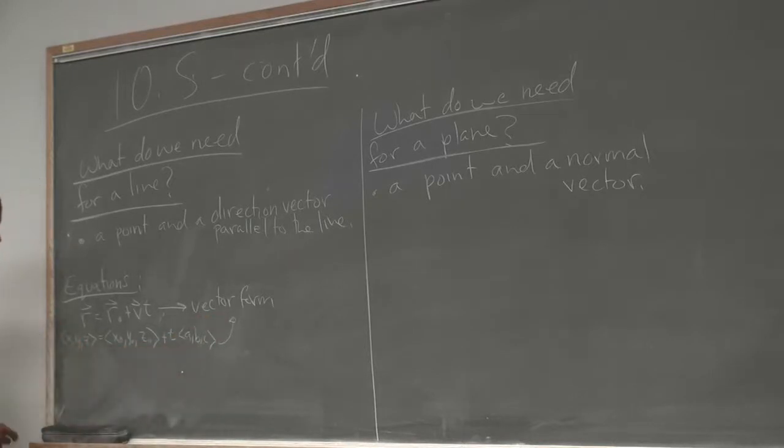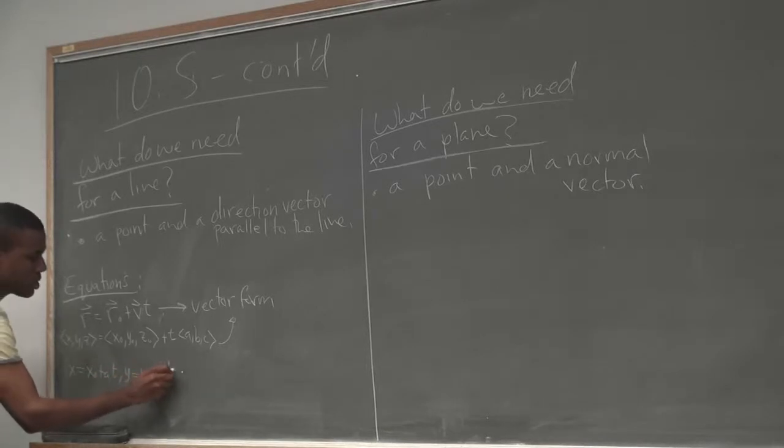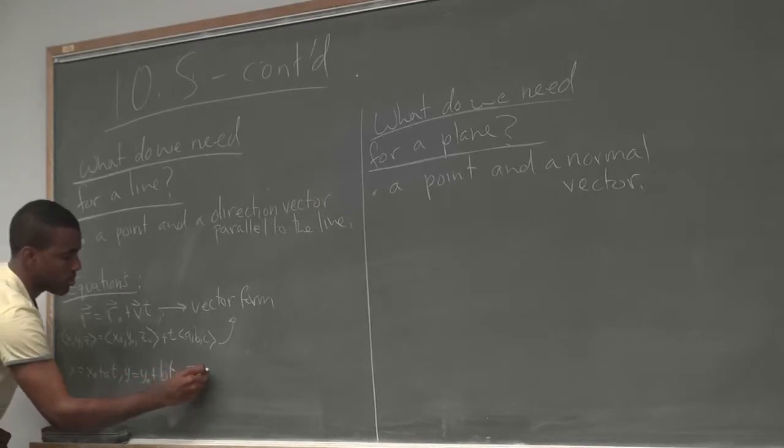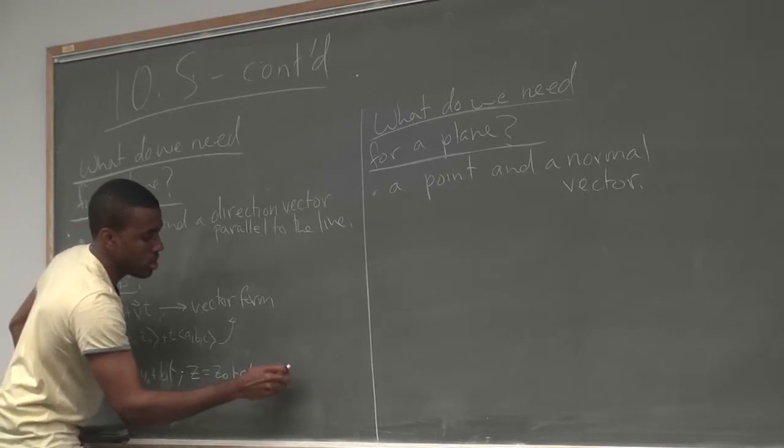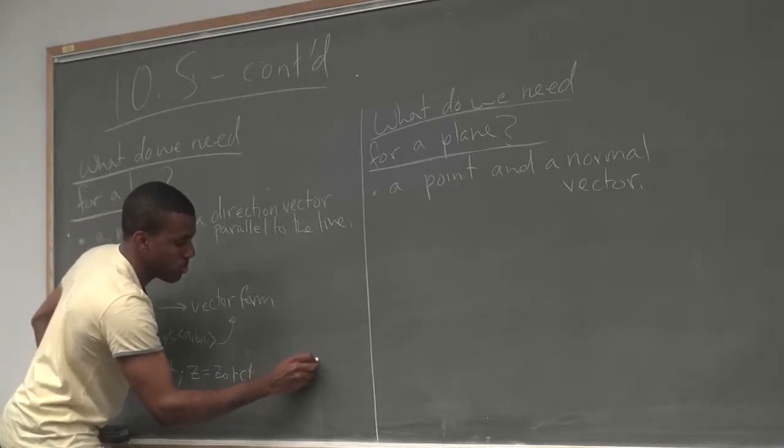Also the vector form. You could have it in parametric form, x equals x naught plus at, y equals y naught plus bt, z equals z naught plus ct. This is called the parametric form.